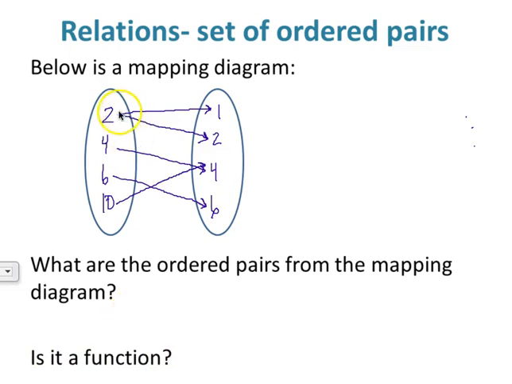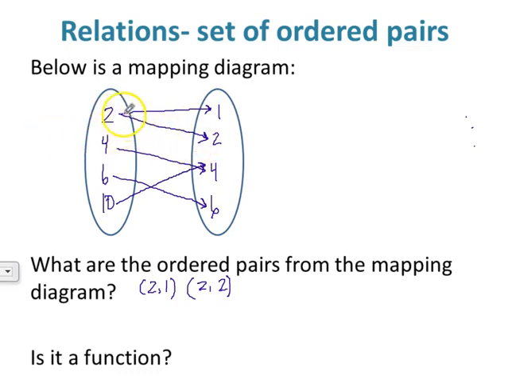Remember, to be a function, each input can only have one output. So look at this first number here, 2. The input 2 has an output of 1. I'm going to create an ordered pair here. And here's another ordered pair: the input of 2 also has an output of 2. So this one input has 2 different outputs.